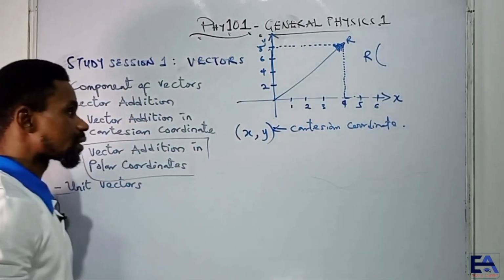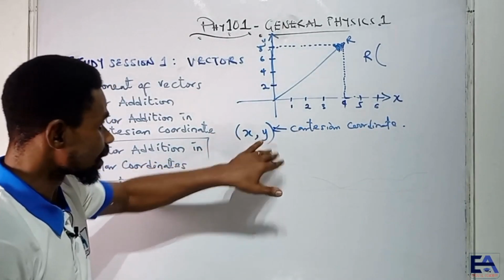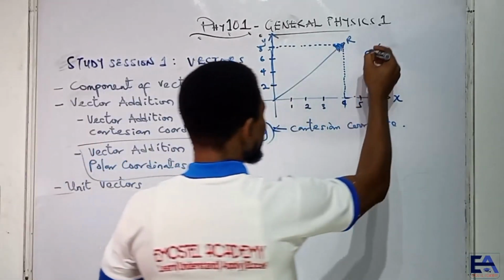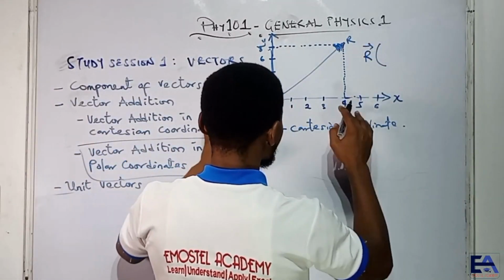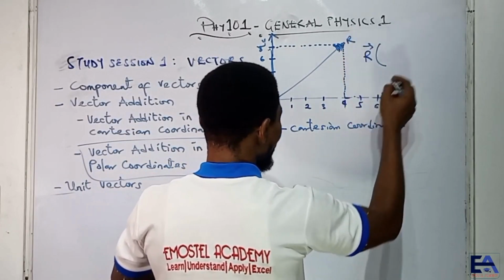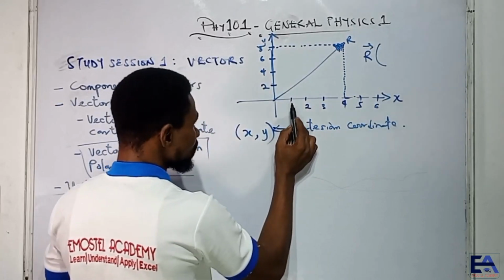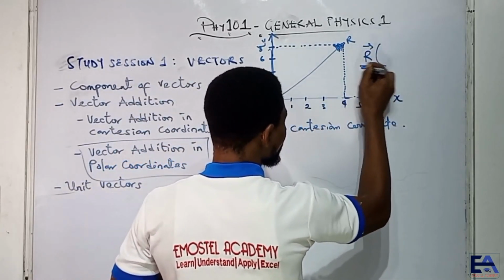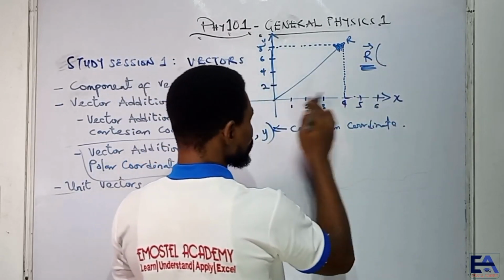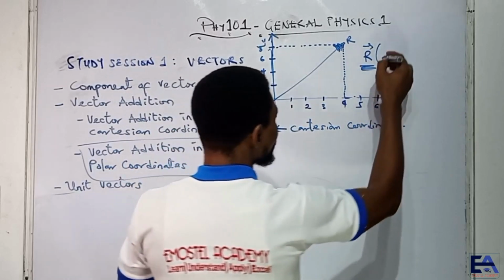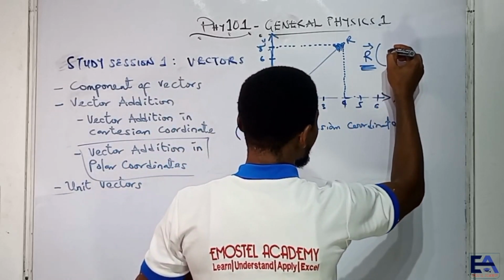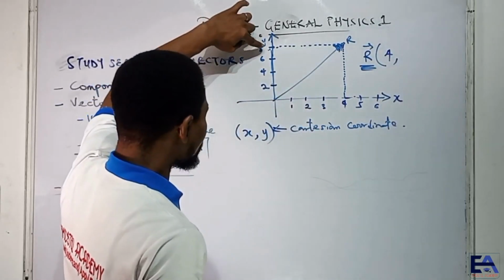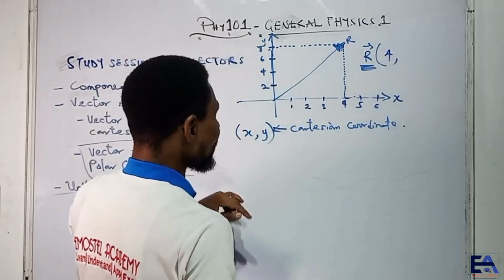So that is what we have here as x and y. Which means if I want to represent this vector r, I can say vector r has 4 units because we count 1, 2, 3, 4. Vector r has a component of 4 units along the x-axis, so we have 4, comma, and it has a component of 8 units along the y-axis.